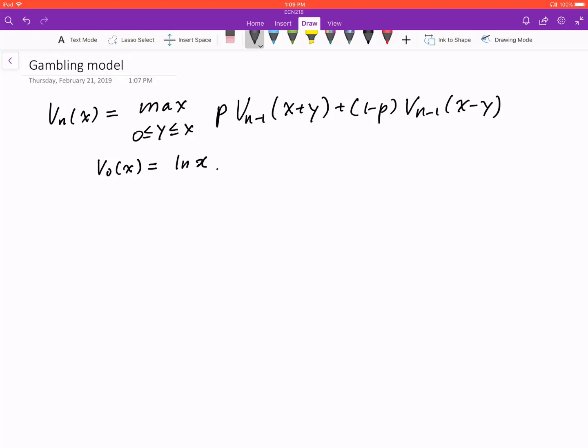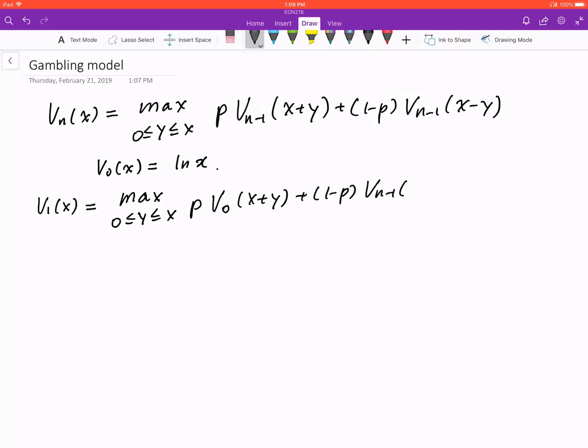So now let's first try to solve V_1. After we see a pattern, we're going to use induction to find V_n of x. Using the Bellman equation, we have y less than or equal to x. That's the bet again. And p times V_0 of x plus y, plus 1 minus p times V_0 of x minus y.